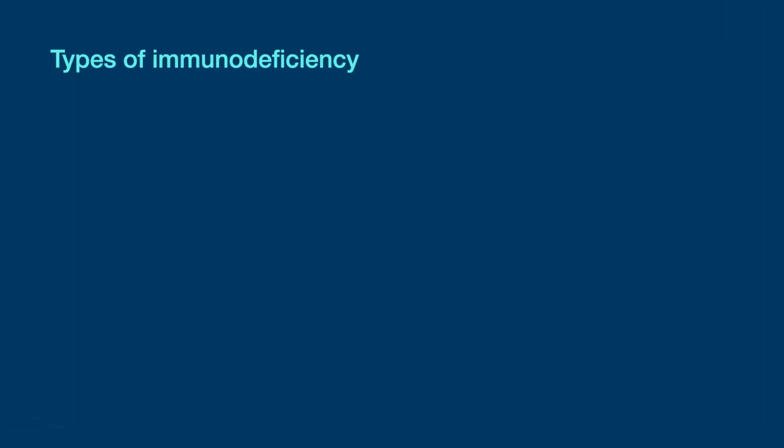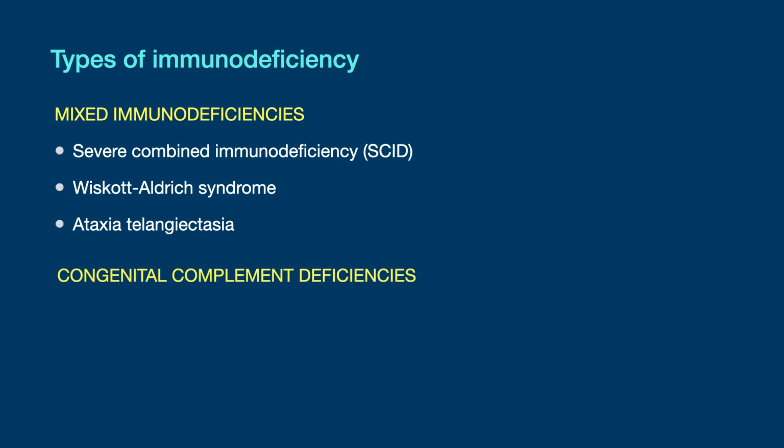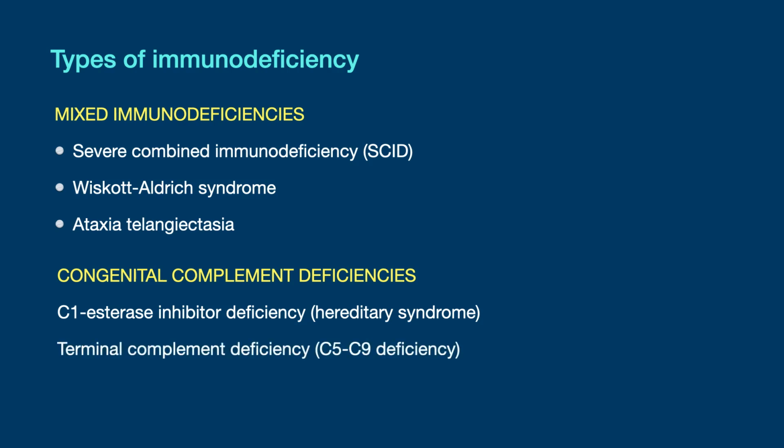The next type is mixed immunodeficiencies, which include severe combined immunodeficiency, Wiskott-Aldrich syndrome, and ataxia-telangiectasia. And lastly, congenital complement deficiencies, which include C1 esterase inhibitor deficiency and terminal complement deficiency.